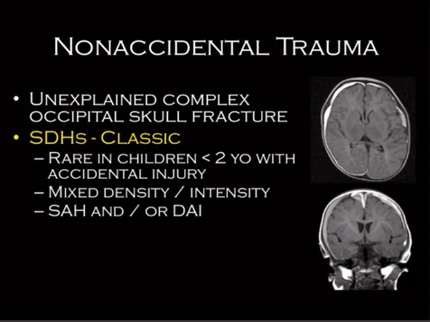Unexplained complex occipital skull fracture is worrisome. I don't care what the mechanism of injury is, that's a slamming type of injury that is supposed to be seen with non-accidental trauma. Now there's this idea of a bobblehead, where you've got infants that lack head control, very young, who actually get cervical medullary contusion and become apneic, and they don't actually get subdurals, they get cervical medullary injury.